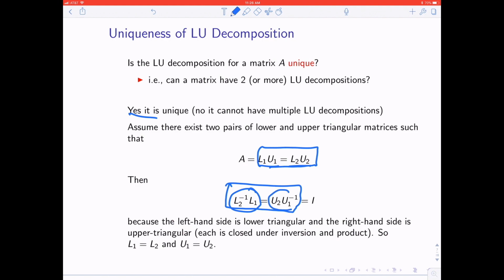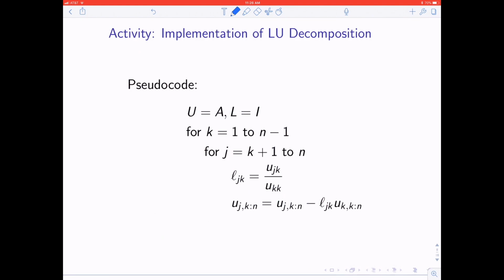And you can show that the product of these upper triangular matrices is also upper triangular. And the only way something lower triangular and upper triangular can equal each other is if they match on the diagonal. And since we have ones on the diagonal, it means that their product must be the identity matrix. If the product is the identity matrix, it means L1 equals L2, and it means U1 equals U2. And that shows that the factorization is unique.